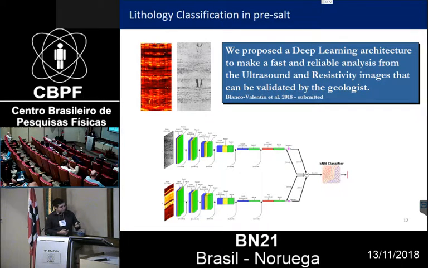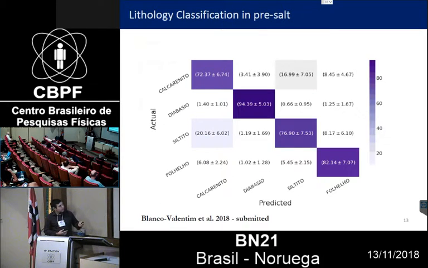So we've done that, again, with the classified data from Petrobras, and we could easily find some of the rock types. The geologists answered that this was also impressive for them because they usually need more information than just these two kinds of images.